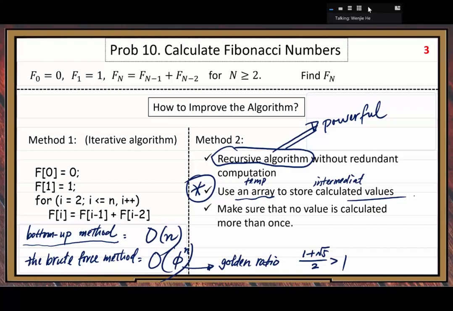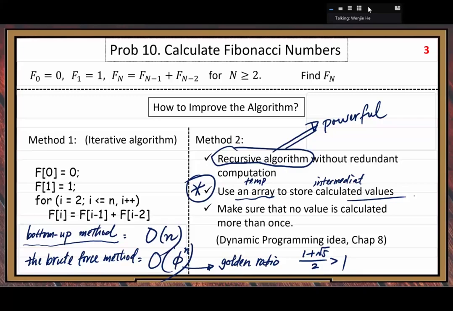Actually, this idea looks simple, right? Do you feel this idea looks simple? But this idea is a very important problem-solving method. It's called a dynamic programming idea. So this whole idea you have seen here is called dynamic programming.